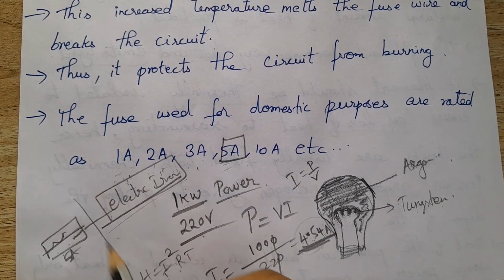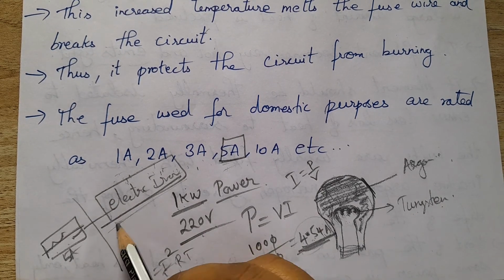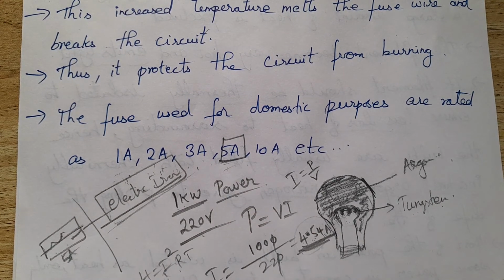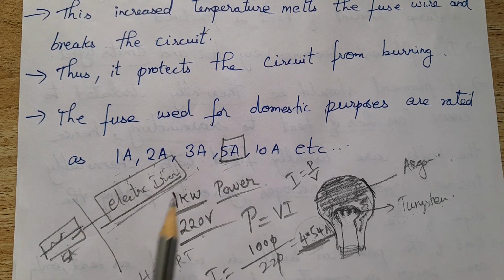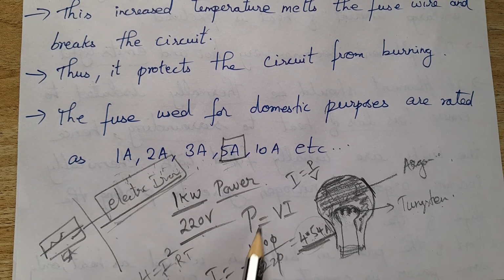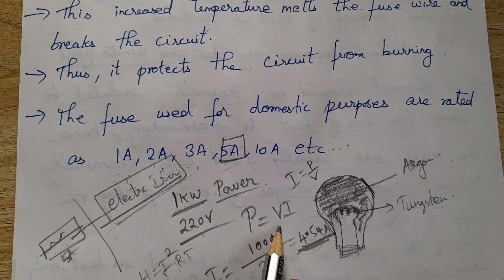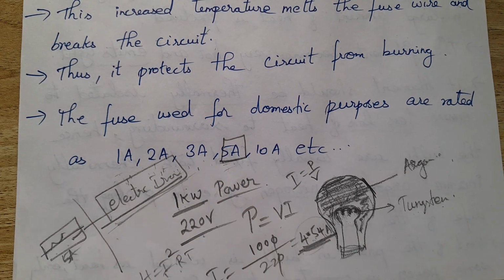Then there is no flow of current, and the gadget will be saved. Clear? This is how you choose the fuse, whether a 1 amp, 2 amp or 3 amp fuse has to be used, based on how much current your gadget requires.